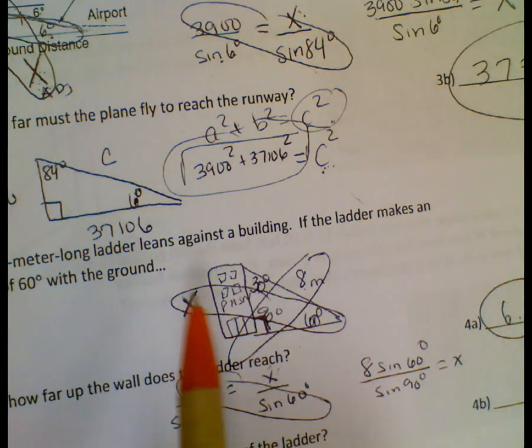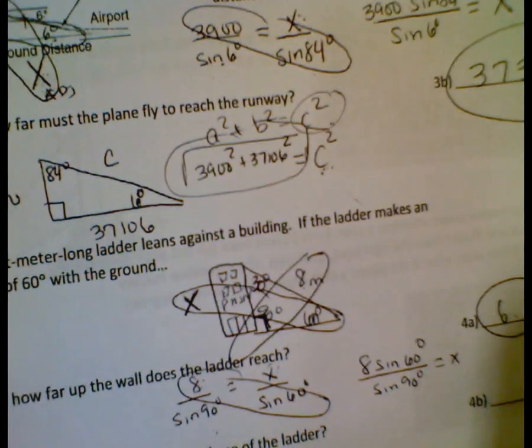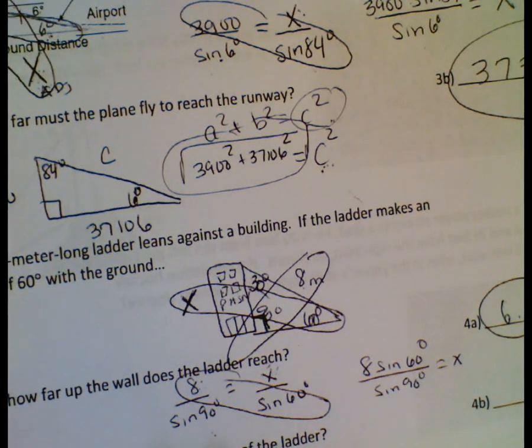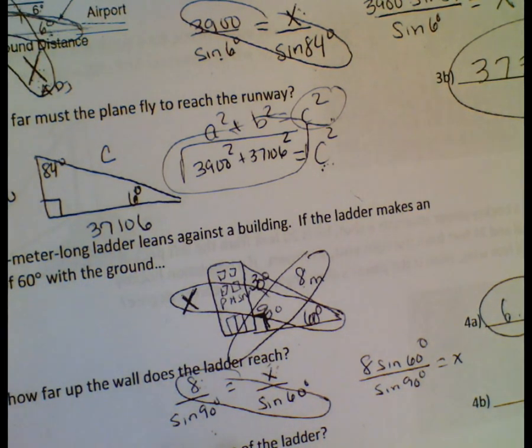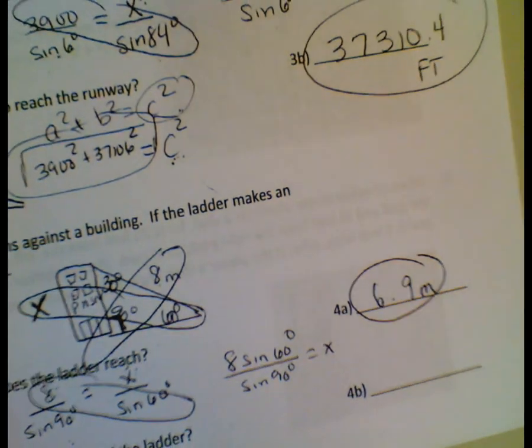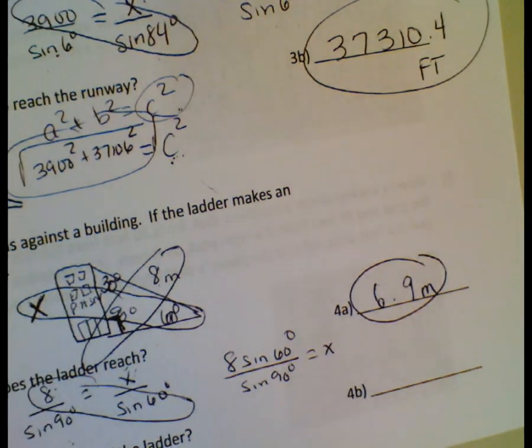It is 6.9 meters. That's important, because 6.9 feet is not very far. That's just a little taller than me. That'd be a small ladder. So the meters is kind of important. I think we should keep it at 6.9, not 7, because I want everything rounded to the nearest tenth.